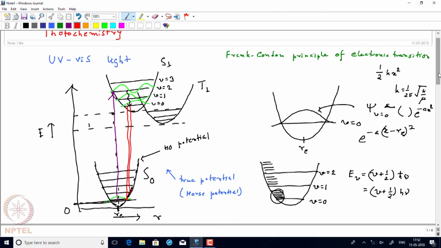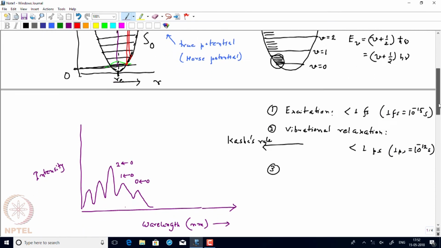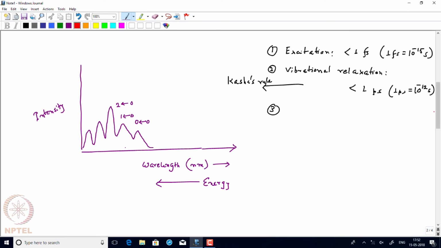Just like our absorption, the emission will also be structured, but this time I'll have a 0 to 0 emission, then a 0 to 1 emission, a 0 to 2 emission, a 0 to 3 emission. Now this 0 is in the excited state, and then it is coming back to the ground state, and we'll have a similar structure in the emission spectrum also. So overall the emission spectrum will also look like something like this.